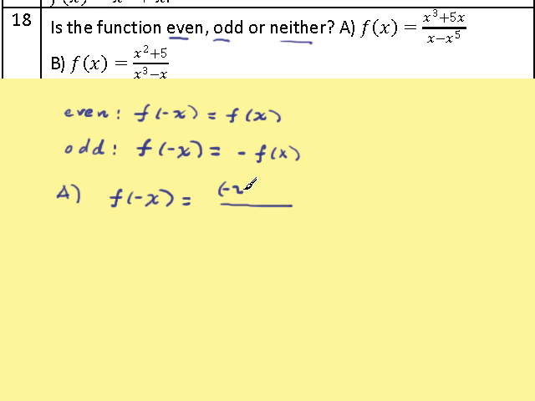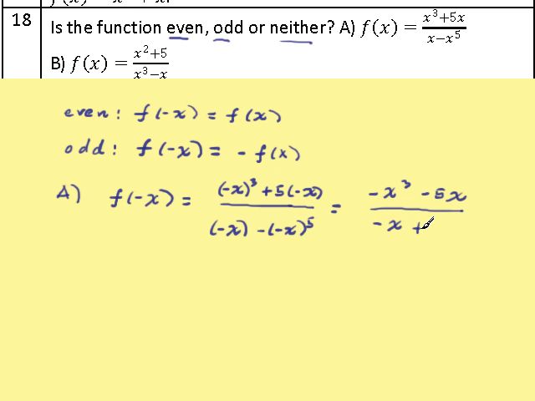So in the numerator we have minus x cubed plus 5 times minus x, over minus x, subtract minus x to the 5th. Just start removing parentheses. Here, because the exponent is odd, we get minus x cubed, minus 5x. Here we have minus x, and plus x to the fifth.